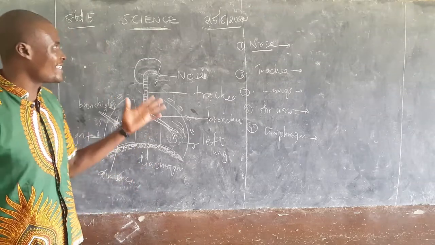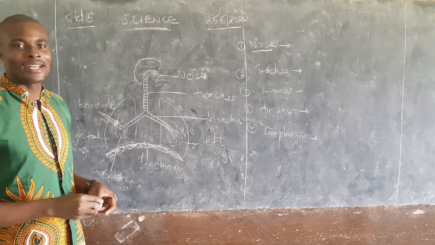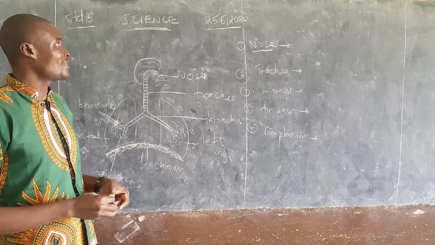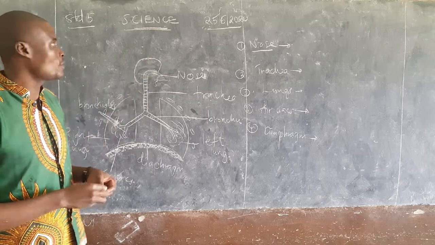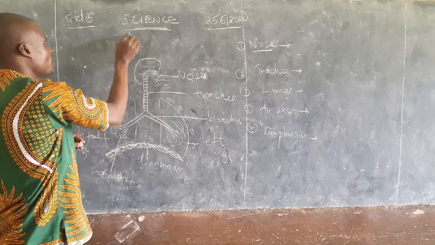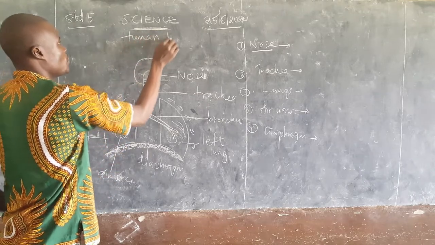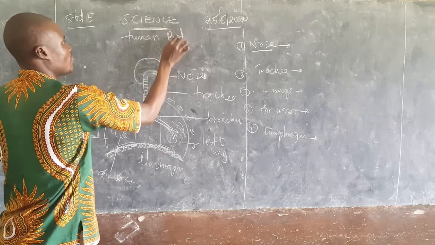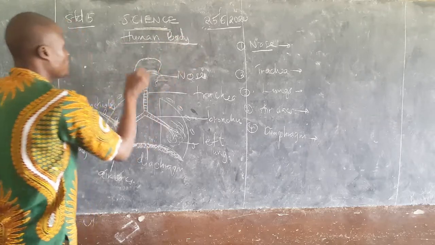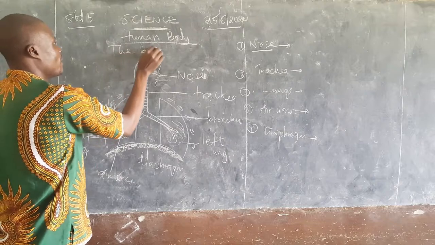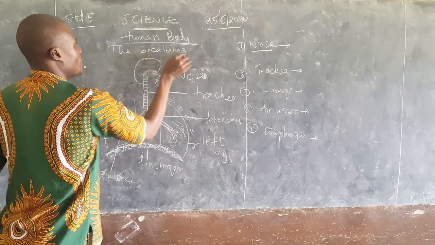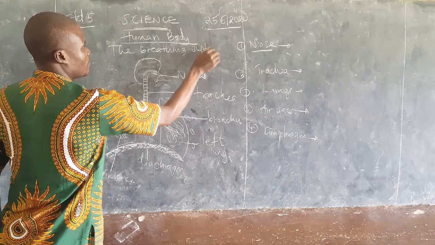That is going to be very interesting, on a topic that we have dealt with in the past. Remember, this was the first topic that we did: the topic human body. And then the subtopic is the breathing system.